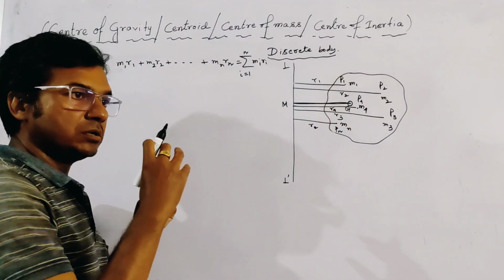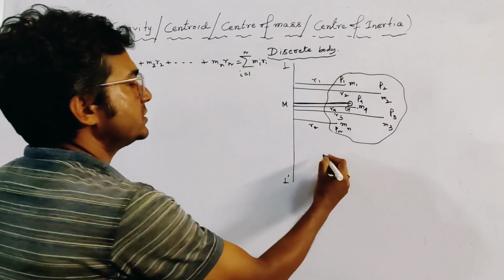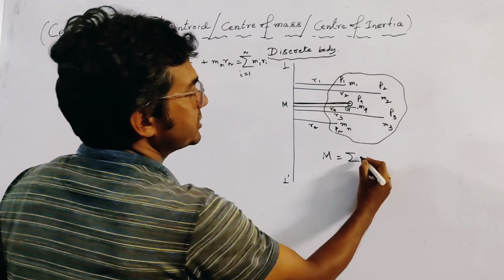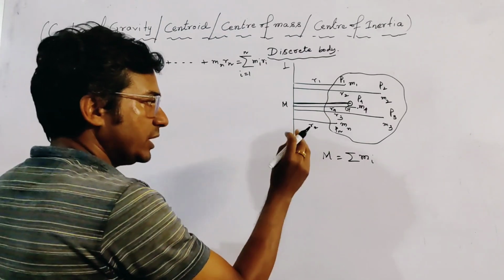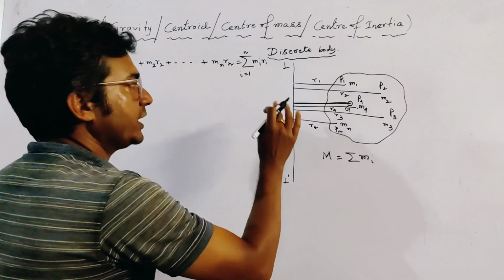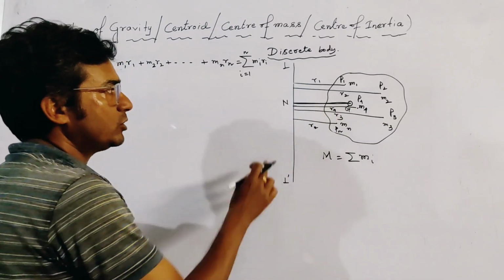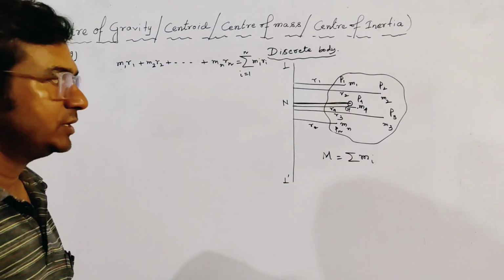By the definition of center of gravity, it must be expressed if we know the total mass, which is M and is equal to summation mi. Now we multiply the total mass with the distance mg, since this m and this m coincide.